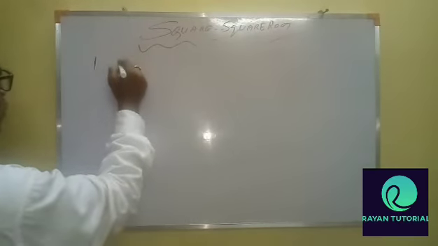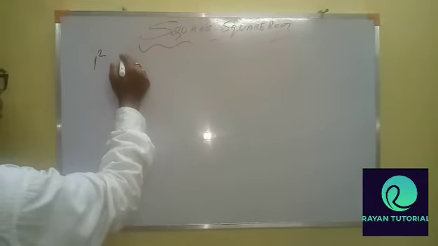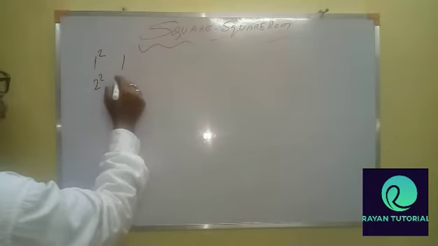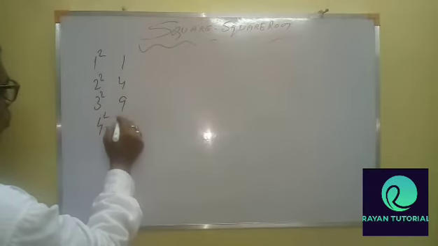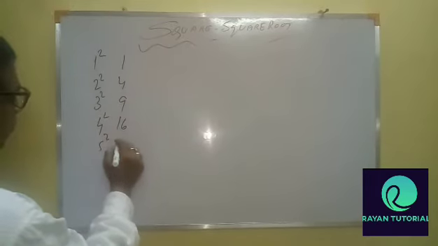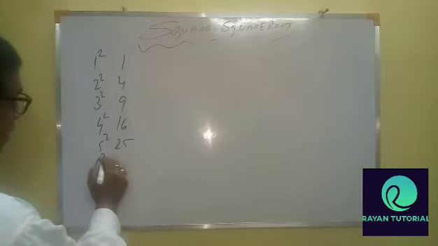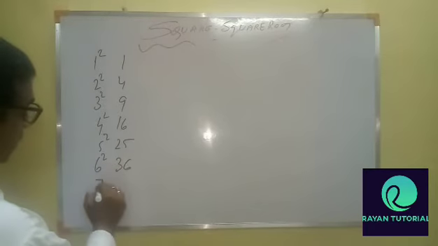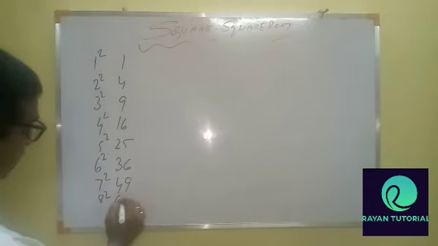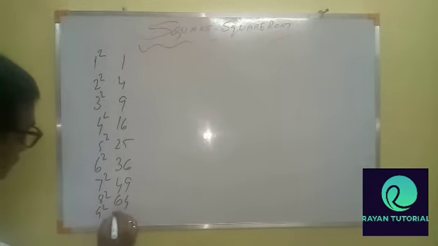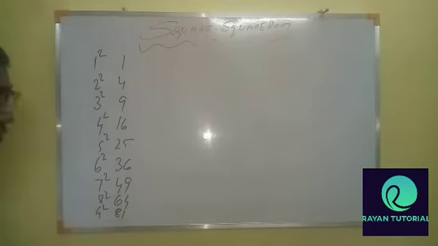What is the square of 1? 1, 2 is 4, 3 is 9, 4 is 16, 5 is 25, 6 is 36, 7 is 49, 8 is 64, 9 is 81. Right?